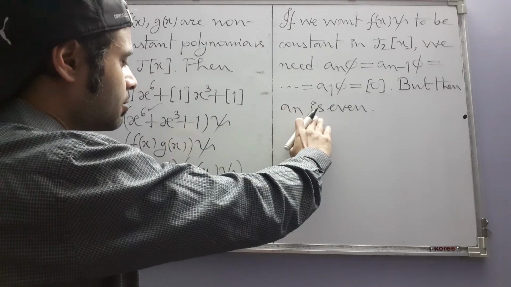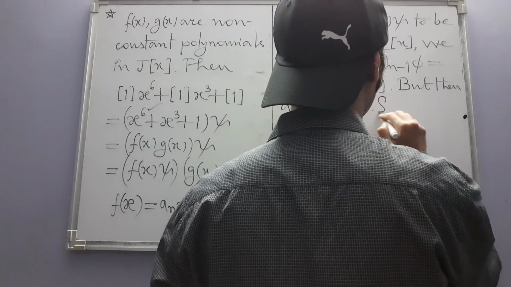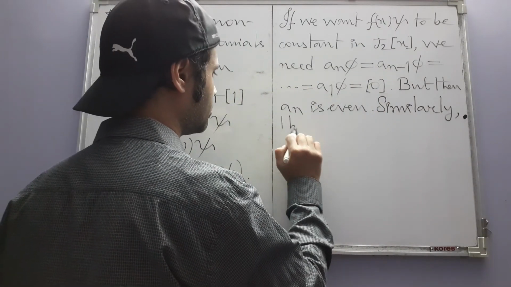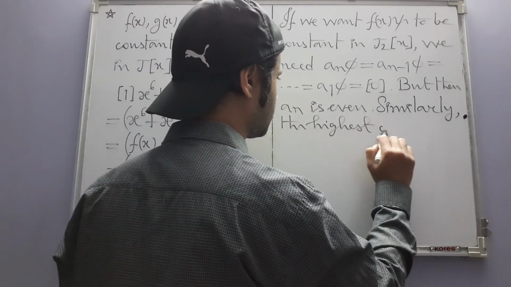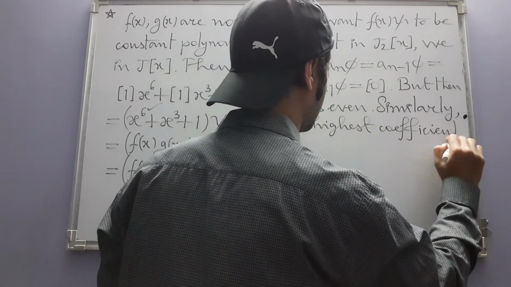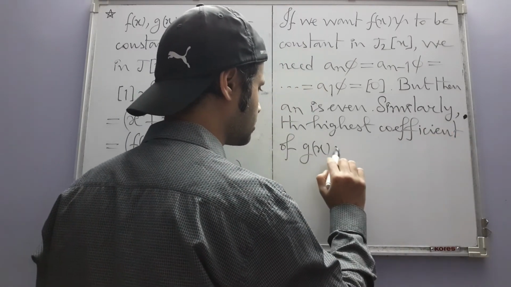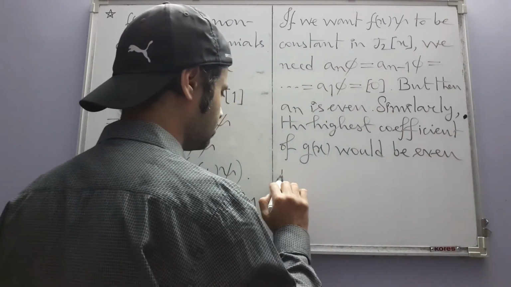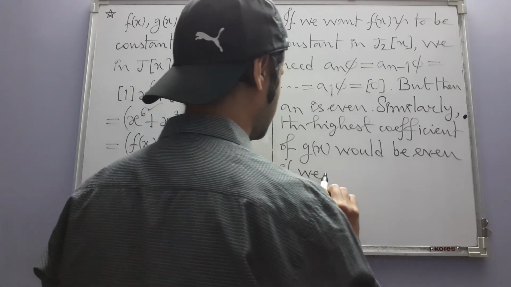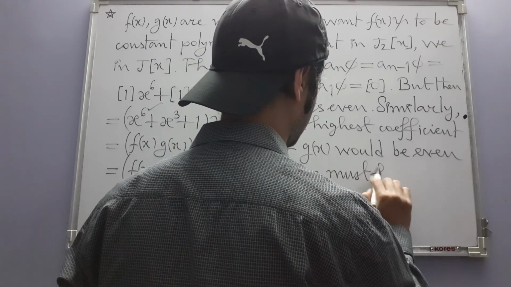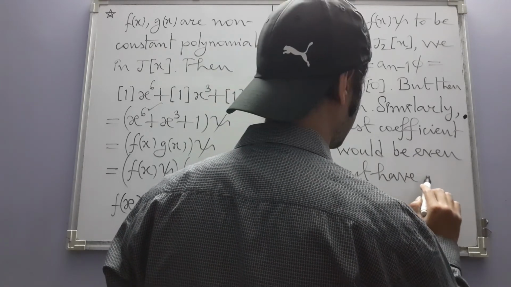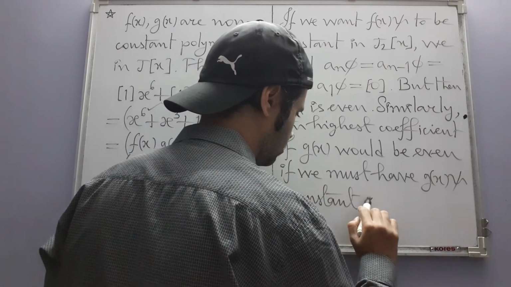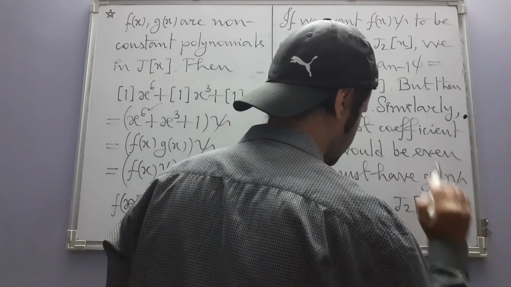Okay, we have so far obtained this, right? Similarly, the highest coefficient of g(x) would be even, so we must have g(x) a constant in J2[x].